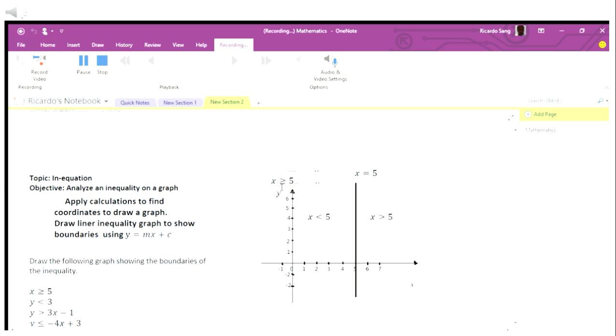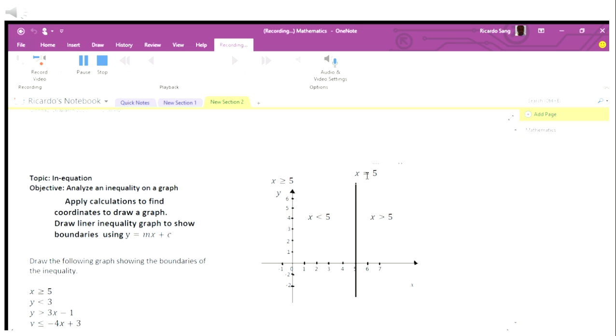So we just want to look at what we talk about when we talk about x greater than or equal to 5, right? So we want to pay keen attention to x equal to 5. This is the line x equal to 5 right here, so it is a line that cuts the x-axis at 5 and it runs parallel to the y-axis.